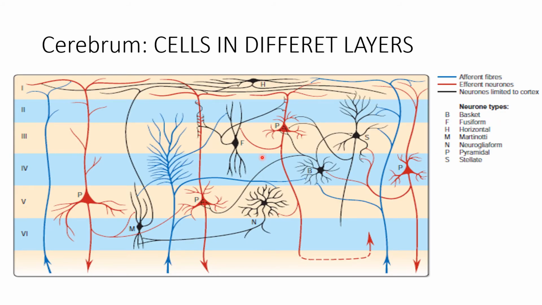The cell which you are seeing is a pyramidal cell having a base and the apex. From the apex starts the dendrite, and from the base is the axon.